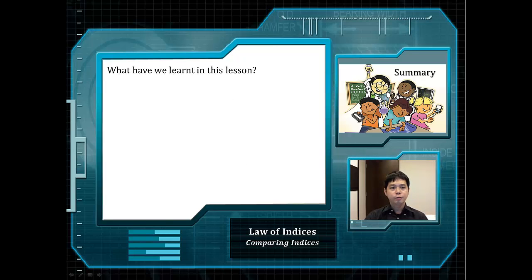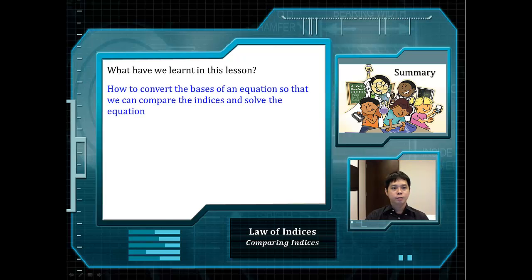In summary, what have we learned in this lesson? We learned how to convert the bases of an equation so that we can compare the indices and solve the equation. For example, 2 to the power of x equals 1 over 32. We will now convert it to common base 2.